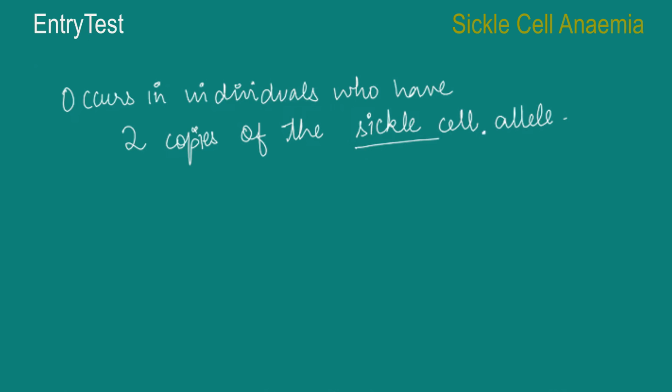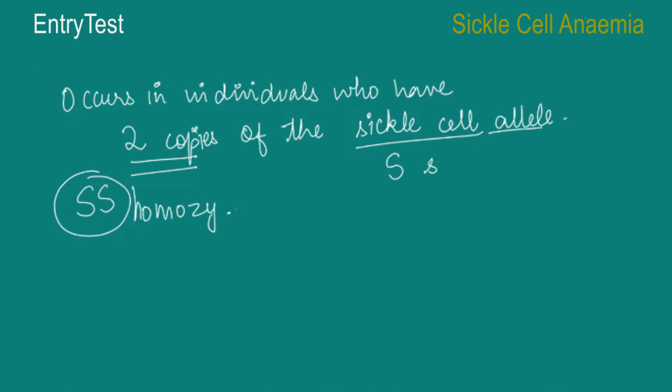Let's suppose the one that has the sickle cell allele is represented by capital S, and the chromosome that does not have the sickle cell allele is represented by small s. So this kind of an individual would be having the gene in this form. That means both alleles are going to be of sickle cell anemia. So such a combination is known as a homozygote or a homozygous gene combination.